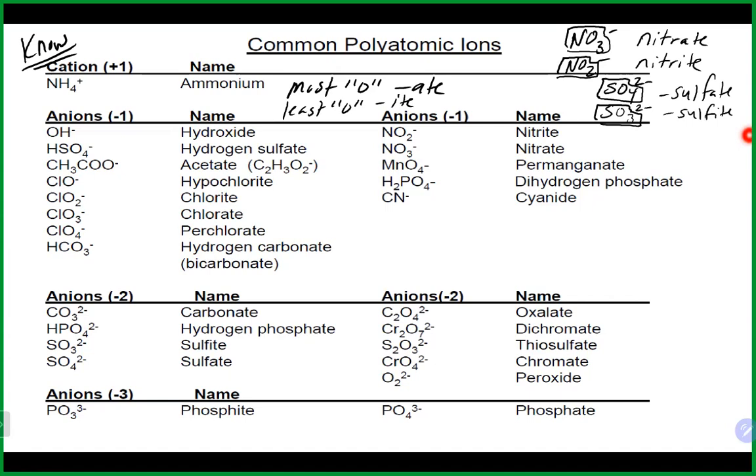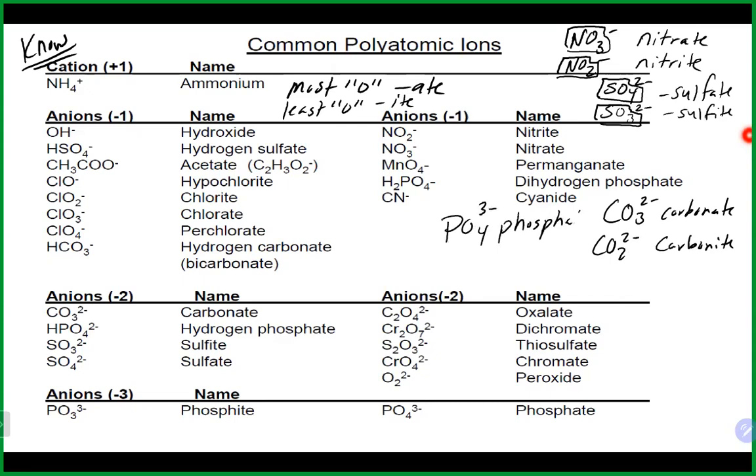So for example, if I had CO3 2 minus, that is carbonate. What would carbonite be? CO2 2 minus, right? It has one less oxygen. Just like if I have PO4 3 minus, that is phosphate.